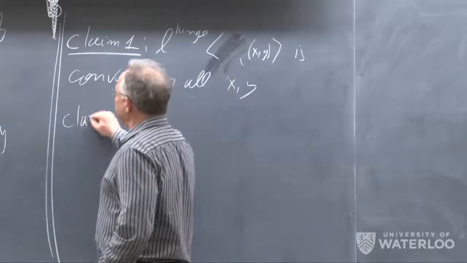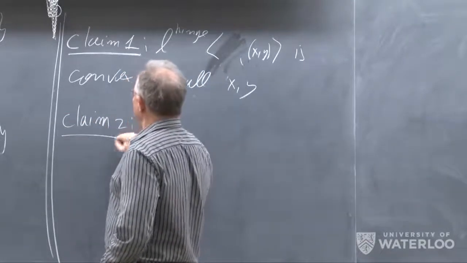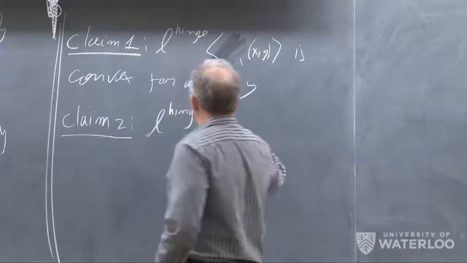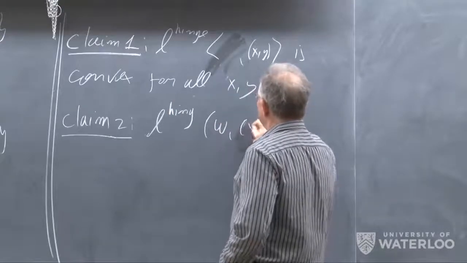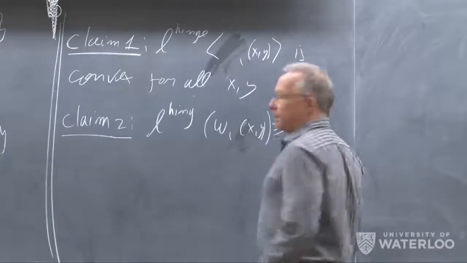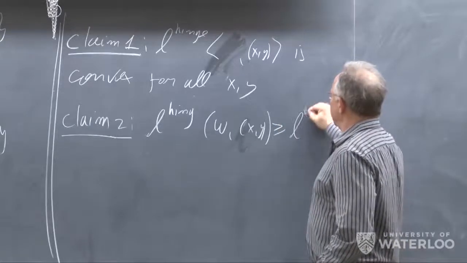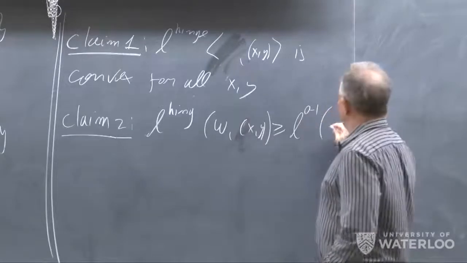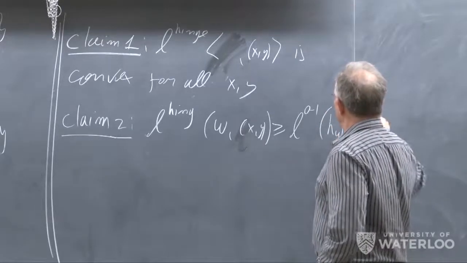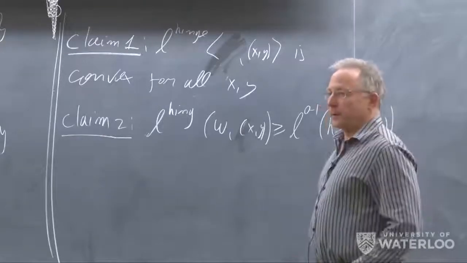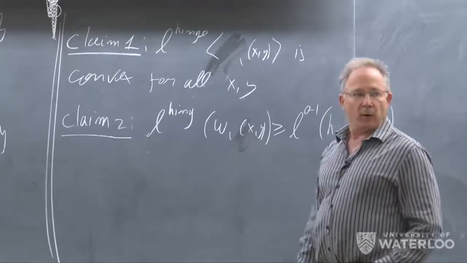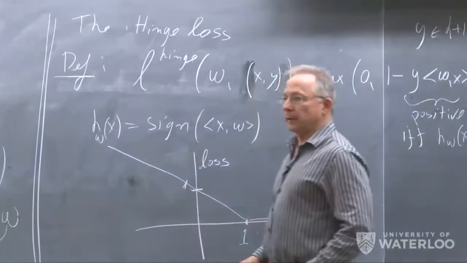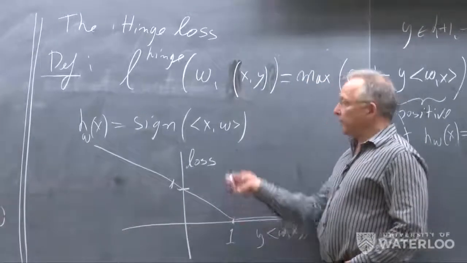And the other claim is also quite simple: the hinge loss L hinge of W and the point xy is always greater or equal than the 0, 1 loss for HW on a point xy. Because what is the 0, 1 loss? The 0, 1 loss of my classifier HW is 0 when I don't make a mistake.